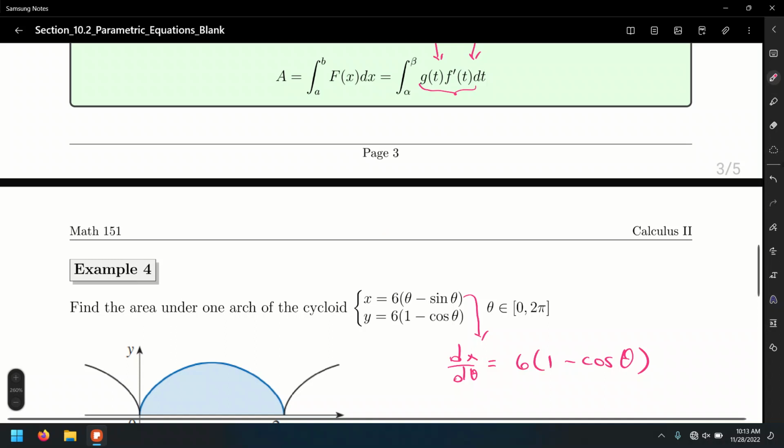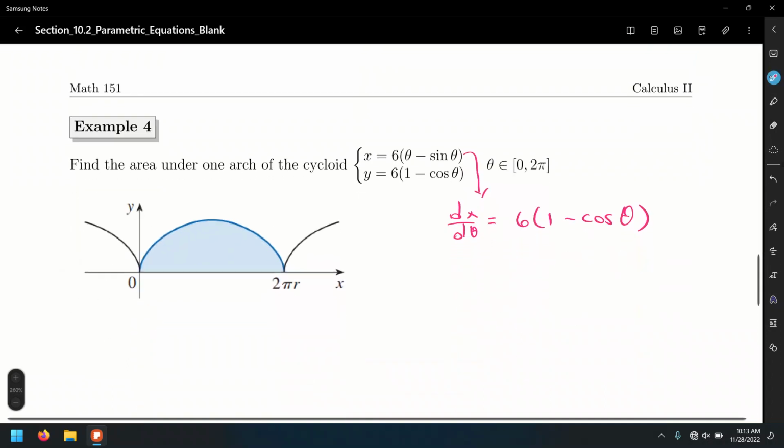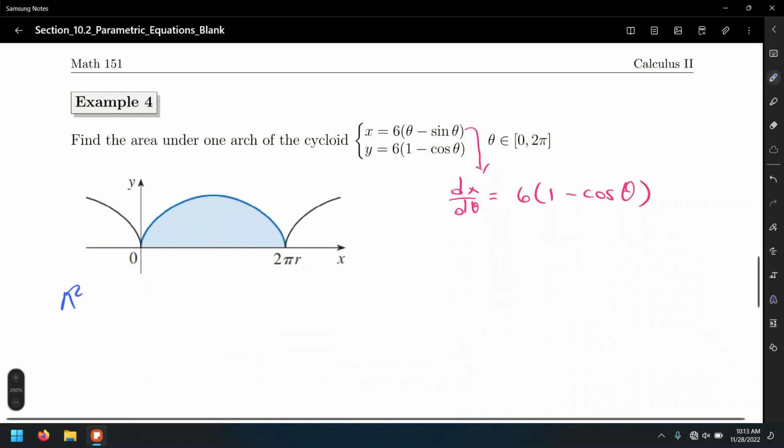So let's set it up. Area equals the integral from alpha to beta of g of t, f prime of t, dt. Well, in our notation for this particular case, it's going to be our y of theta times x prime of theta.